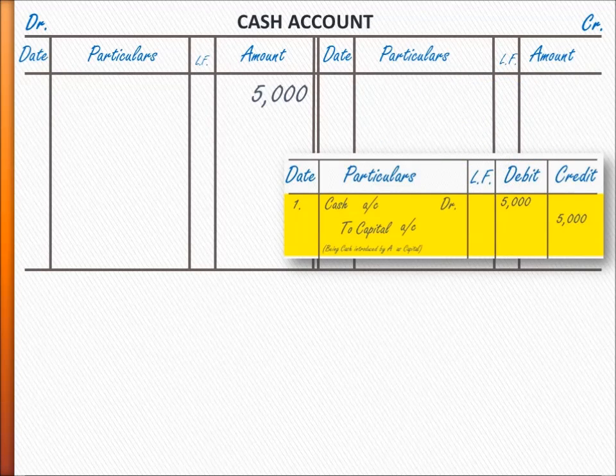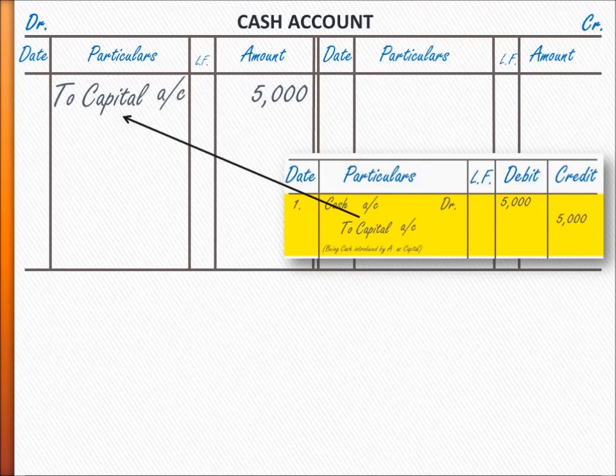So now in the particulars, what should we write down? On the debit side, we always start with To. So first of all, write down To. You know, when cash account was debited rupees 5,000, what was the opposite side? The opposite side was credit, and that was capital account. So please write down To capital account.